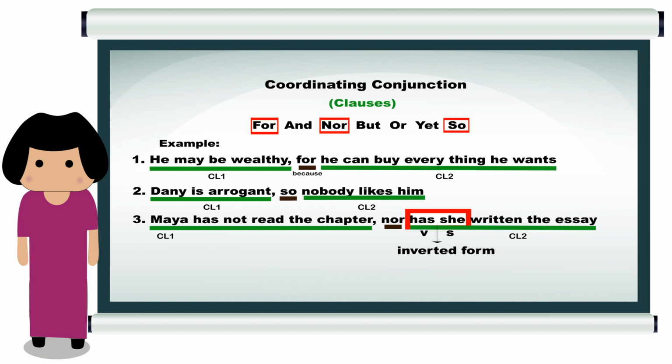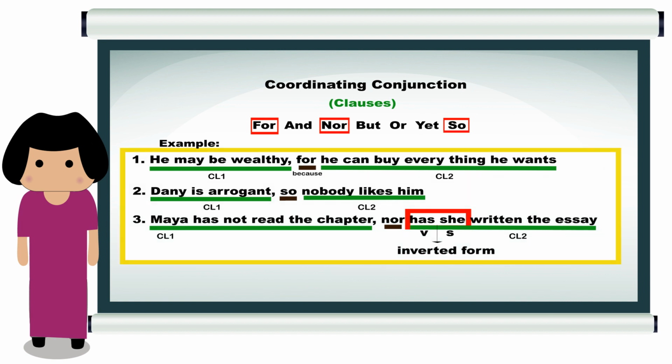Okay. Now, if this coordinating conjunction connects words and phrases like we discussed before, they are considered simple sentences because they only have one subject and one verb. But how about these three sentences? Yes, these three sentences are called compound sentences. Why?